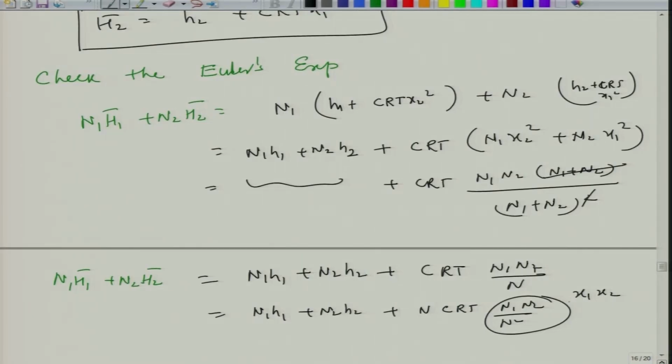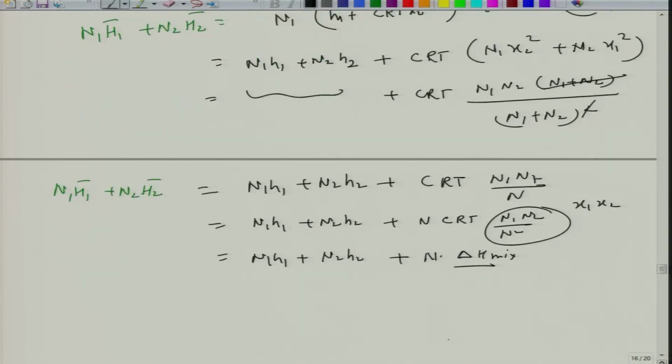This term finally is nothing but the same expression which we wrote: N1 H1 plus N2 H2 plus N times delta H mix bar, the molar part. So, indeed we obtain the same expression, and that is how we verified it as well, right.